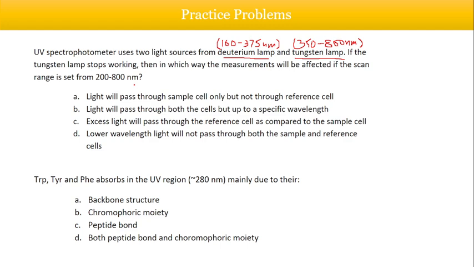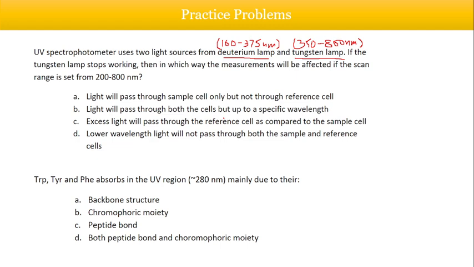The options: the light will pass through the sample cell only, but not through the reference cell. Light will pass through both the cells, but up to a specific wavelength. Excess light will pass through the reference cell as compared to the sample cell. Or lower wavelength light will not pass through both the sample and the reference cell.